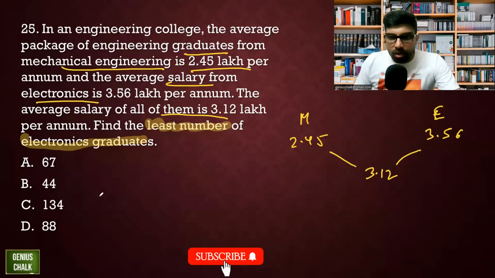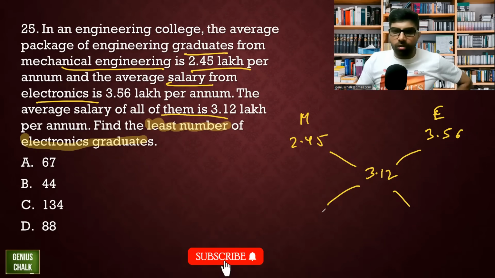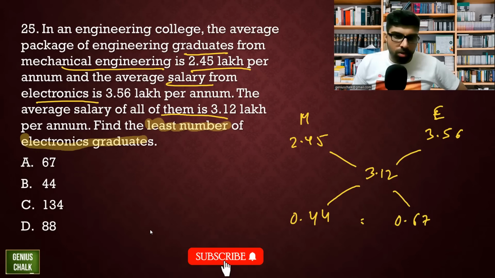Okay, let's see. First find out the difference here. 3.12 and 2.45, what is the difference? It is 0.67. 3.5 and 3.12 is 0.38. The decimal point will be cancelled because we are taking the ratio. So the ratio is 44 is to 67.